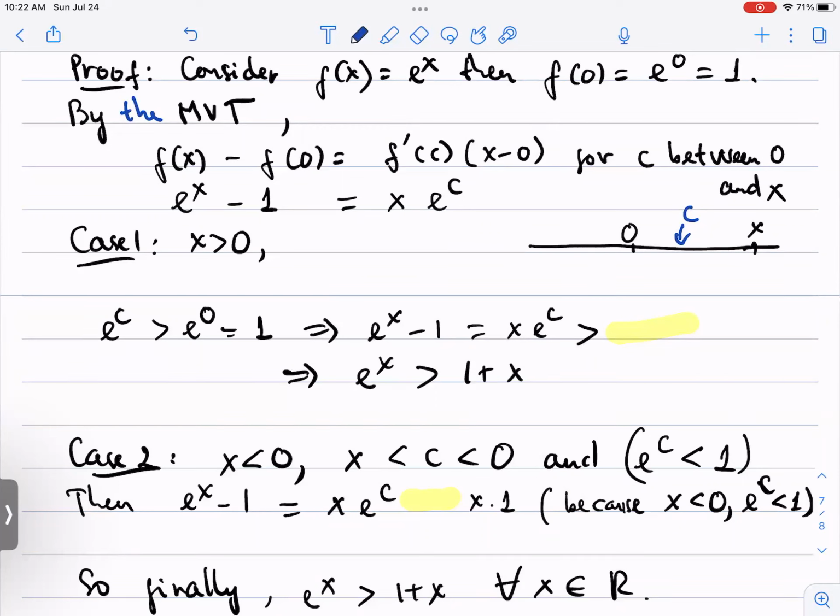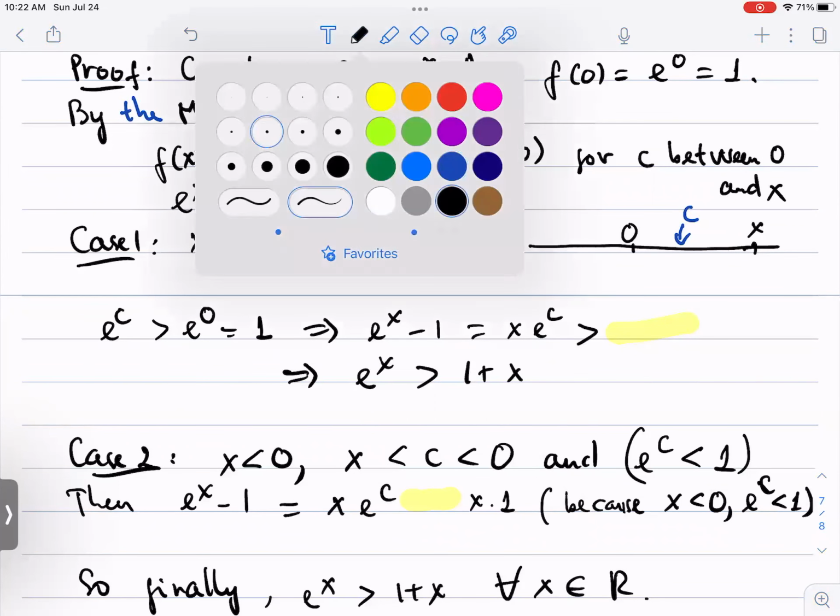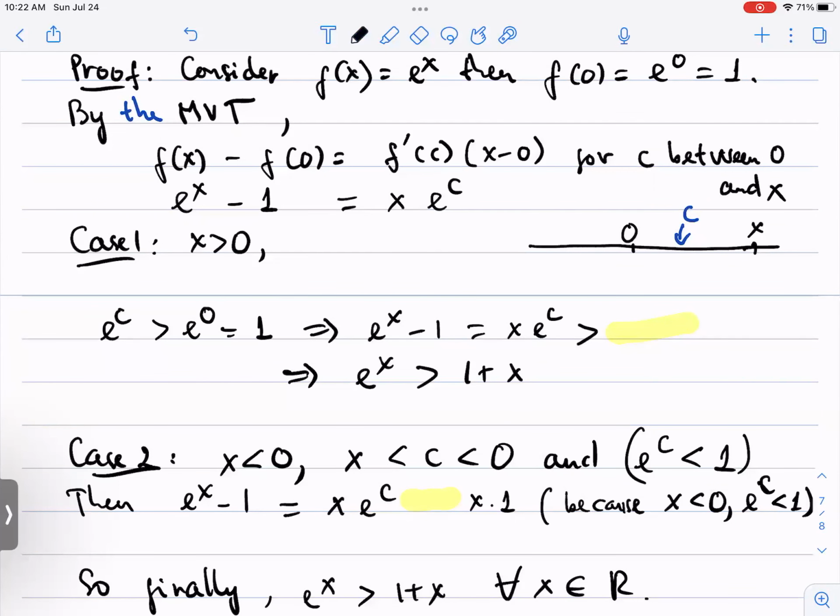That's why c must be bigger than 0. Then we have e to the c greater than e to the 0, which equals 1.